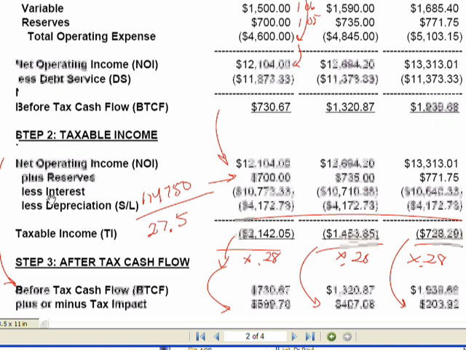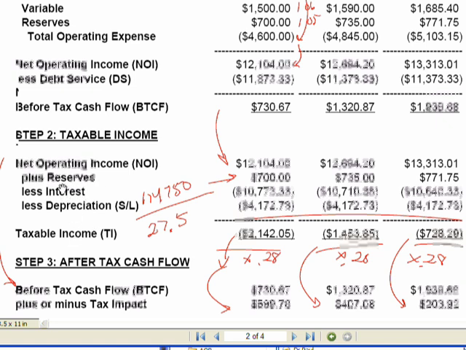So those dollars actually went out of our pocket, but depreciation is called a pure tax shelter because we don't pay anybody depreciation. It's just a tax break or tax benefit that we're allowed to take. So the two things that investors like to subtract out of net operating income before they go to taxable income are interest and depreciation.